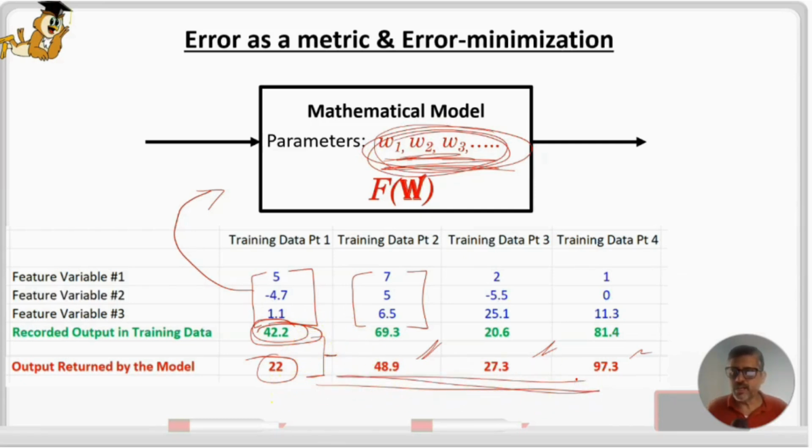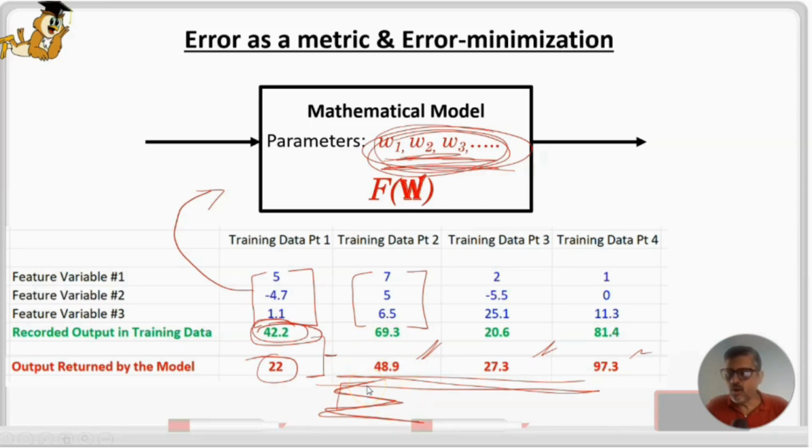And to take a combined view of all training data, you did a summation of the errors. You did a mean square error type of approach over all training points, right? So you summed it up. So that was the general idea.